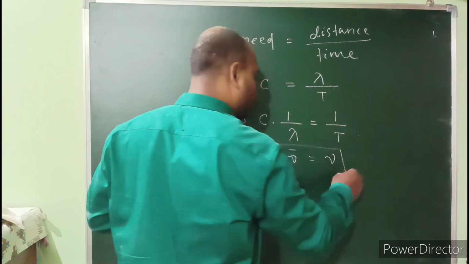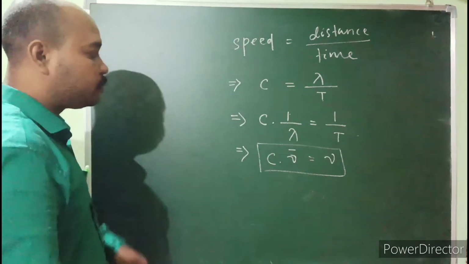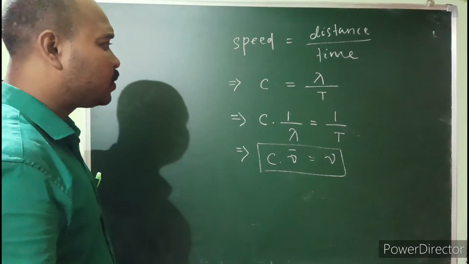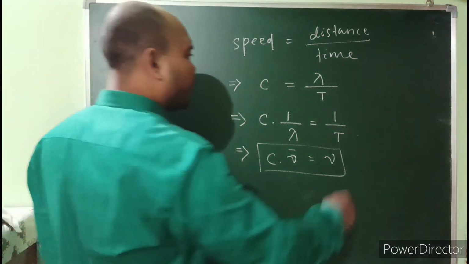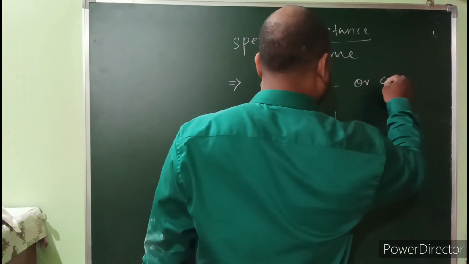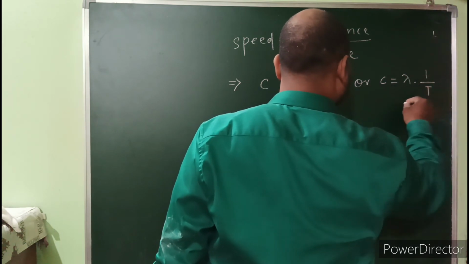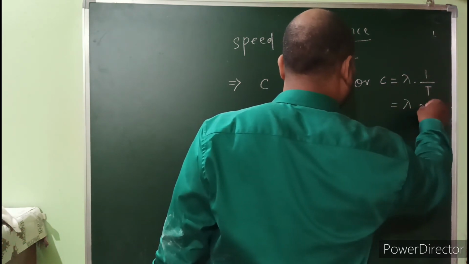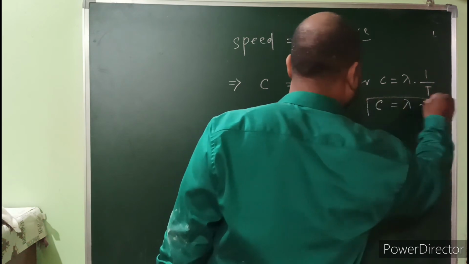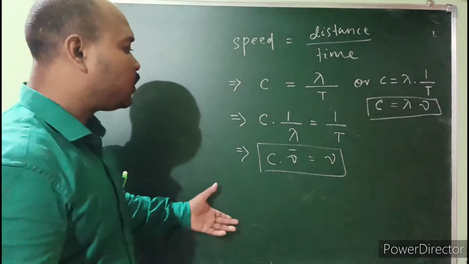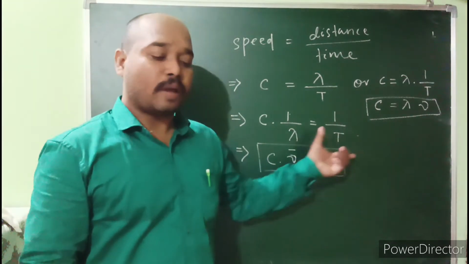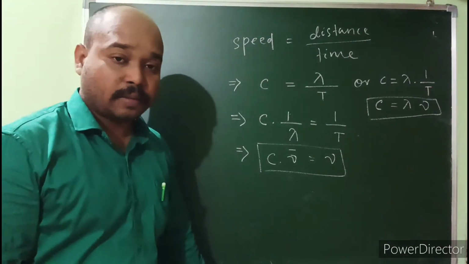This is our another formula. Or we can write here that C equals to lambda into 1 by t, means lambda nu. This is another formula. These are some formulas we get from Maxwell's concept.